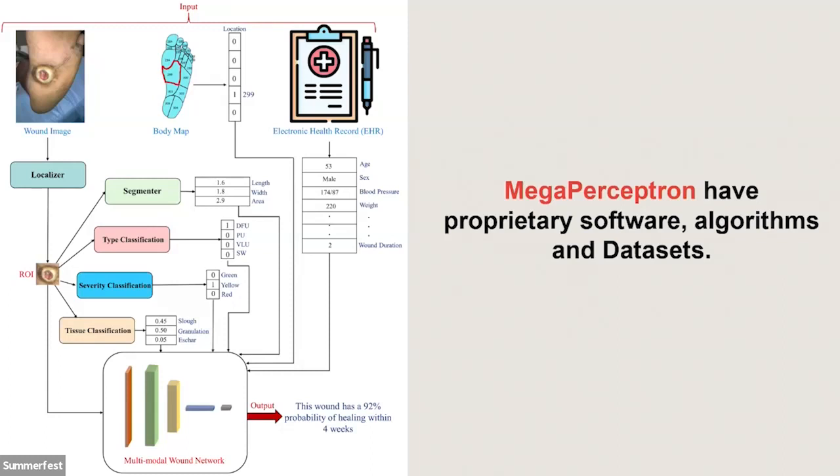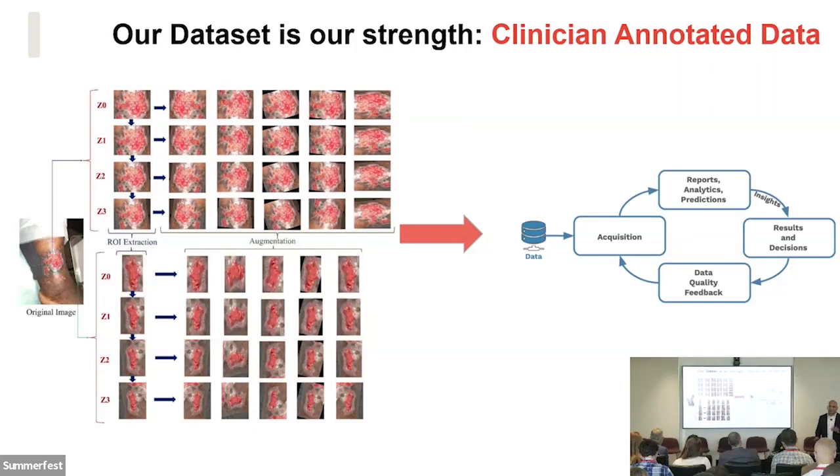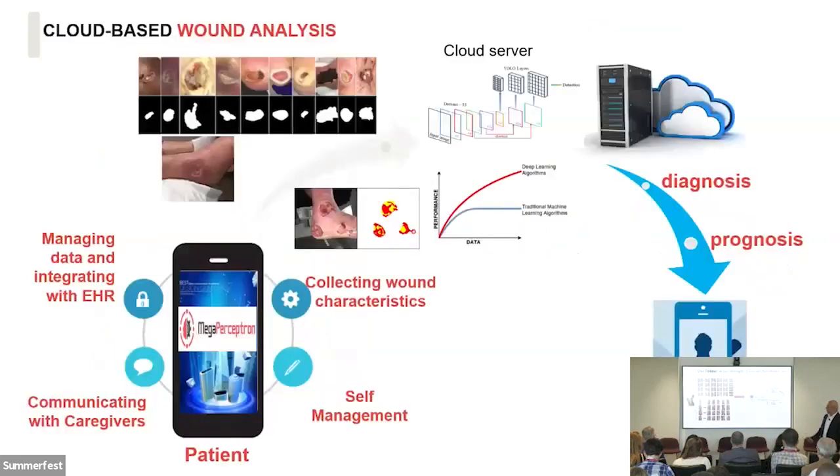So we are comprehensively looking at the wound and assessing it digitally to have this particular platform in place. Another strength of our data set is that it is a clinician-annotated data set. Many laborious hours have been put into annotating different types of images to feed into the machines to understand the different types of classifications that we were doing here.